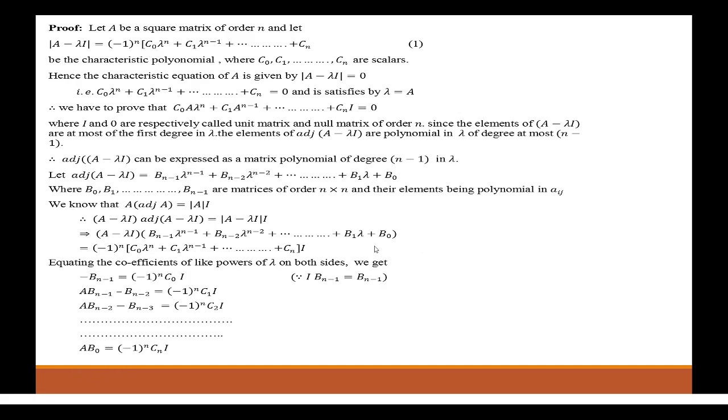Finally, we get the last term: A B0 = (-1)^n cn I.